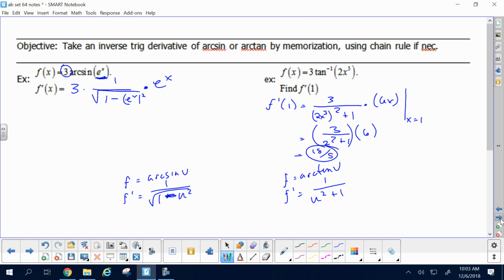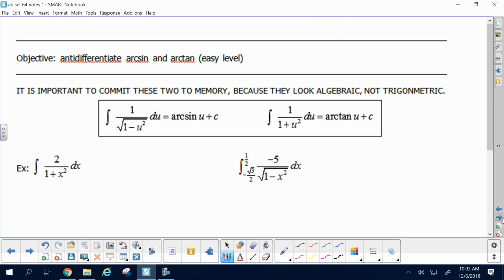Now, what I'm getting at here is that a problem like this is very misleading. Because you look at that, and who's going to think trig there? There's not a whiff of trig in it, right? And yet, the answer is trig. You've got to have those two memorized, because otherwise, when you get an integral like this, your mind isn't going to think trig.